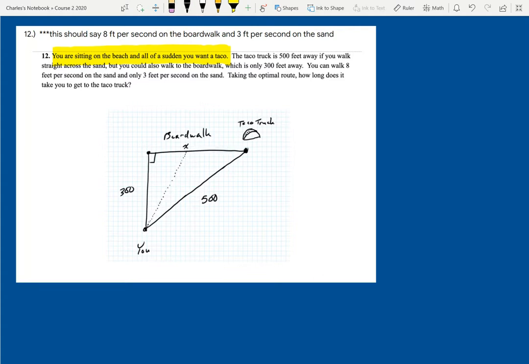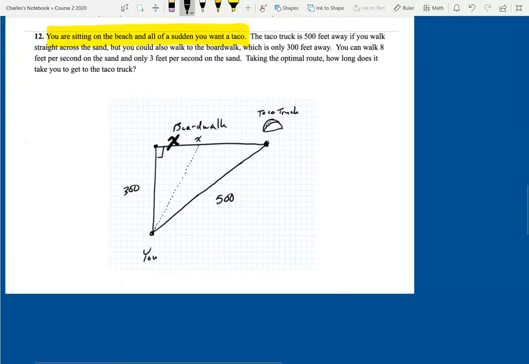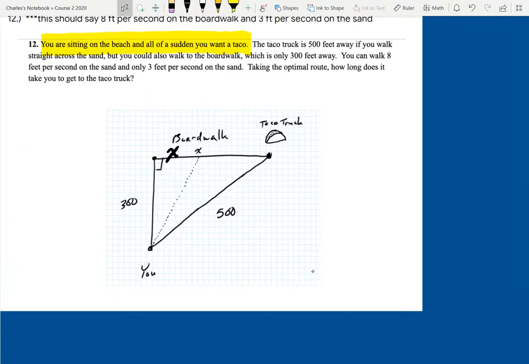And so, the way I set this up was to create a function that models the time that you're going to take, regardless of what path you choose. In that function, I need to have one variable, and I'm calling it x, which is pretty uninteresting.